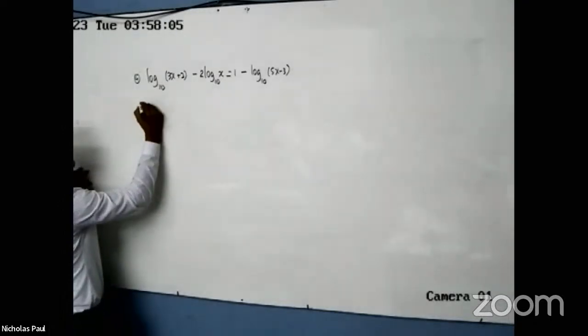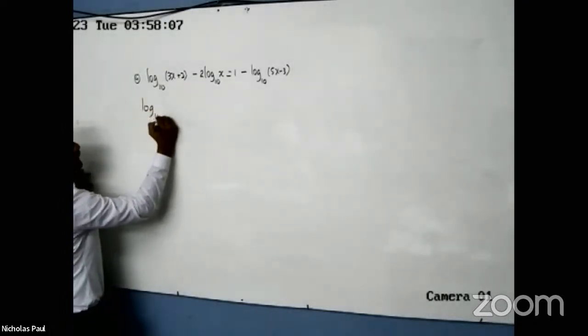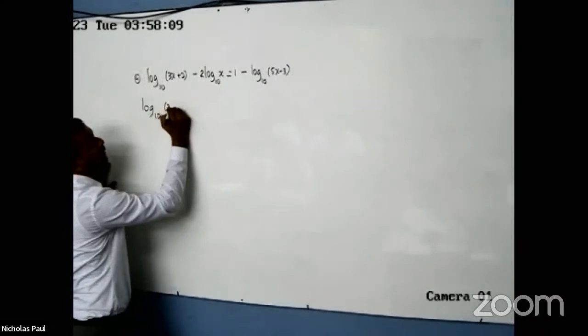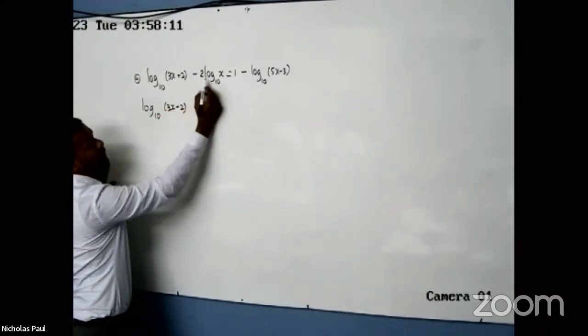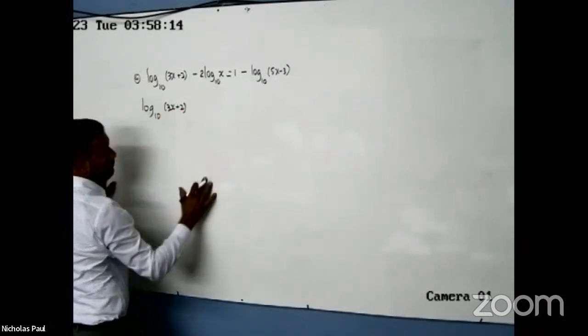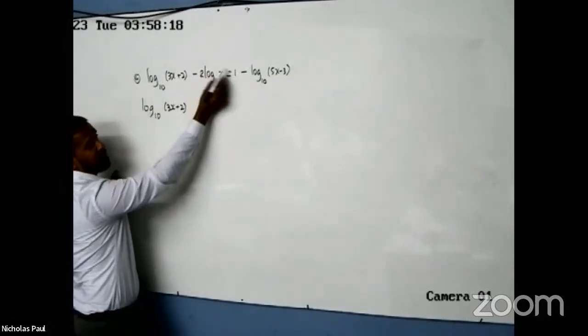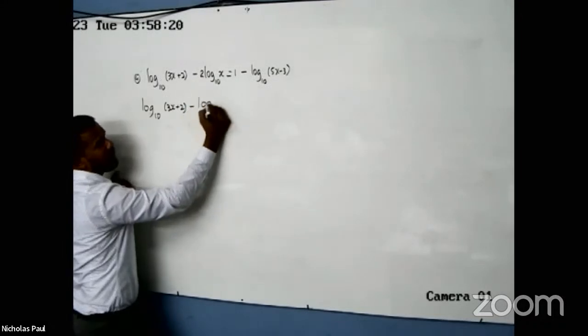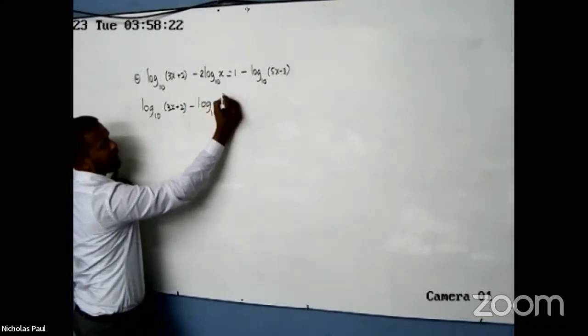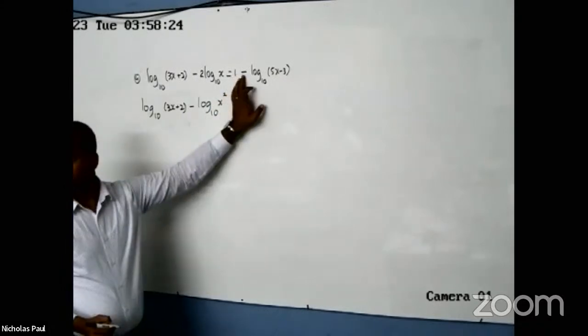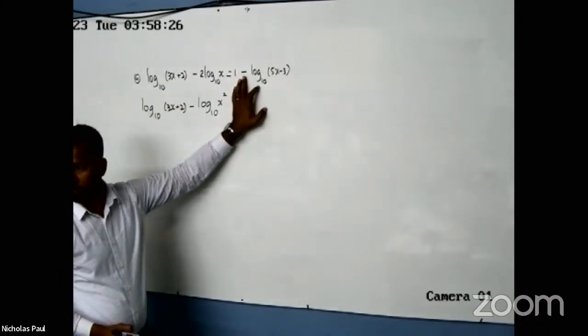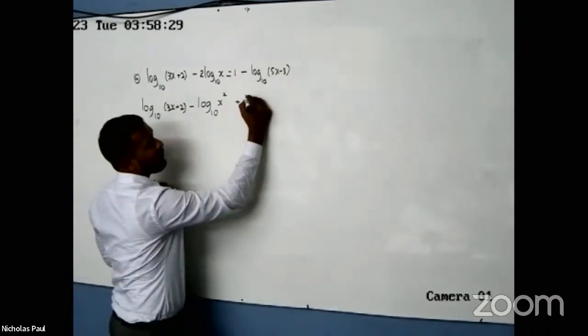Right, Helena, what you'll have here? Log to the base 10 of 3x plus 2. What are you doing with this minus 2 again? Right, you're taking the 2 and putting it on top, so it becomes log to the base 10 of x squared. What are you doing with this minus log, Helena? Right, bring it to the next side, it becomes add.